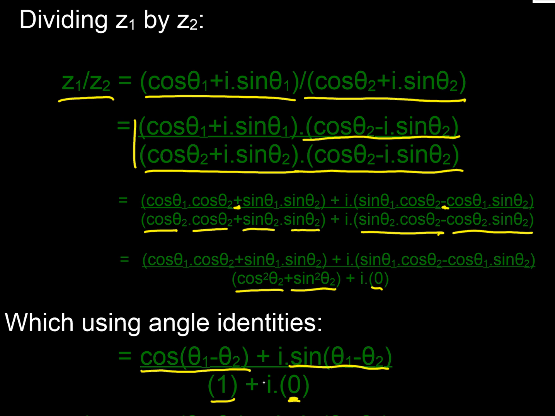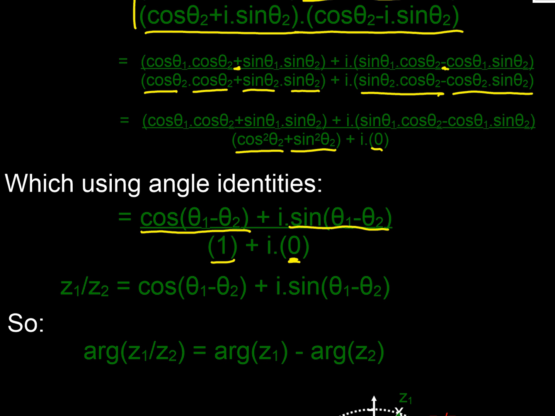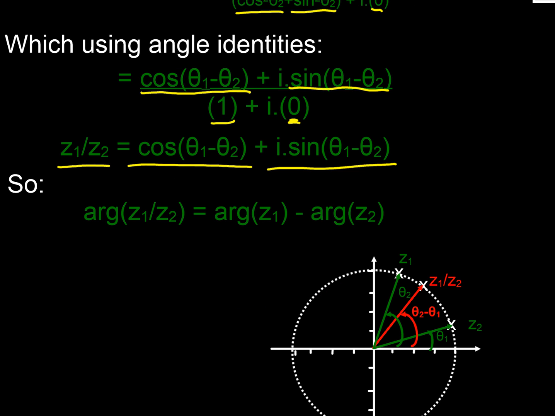So our denominator is effectively 1, so all we have to do is write that out now without the bottom, isn't it? So Z1 over Z2 is cos of theta 1 minus theta 2 plus i sine of theta 1 minus theta 2. So what's that telling us?